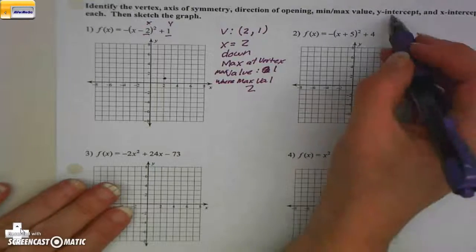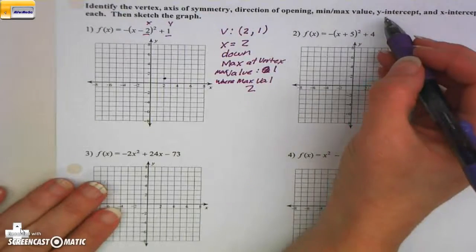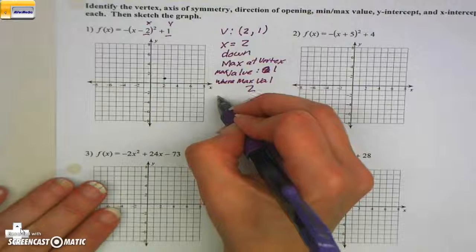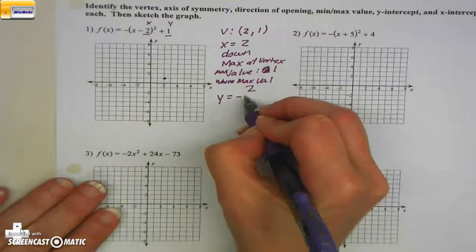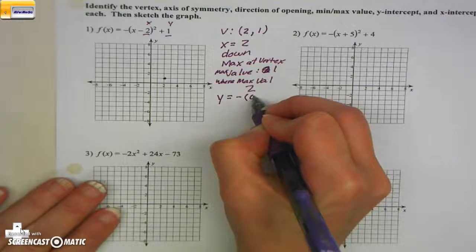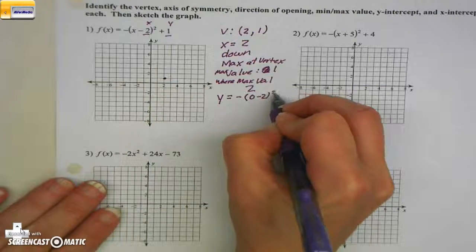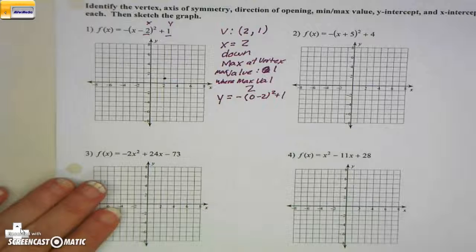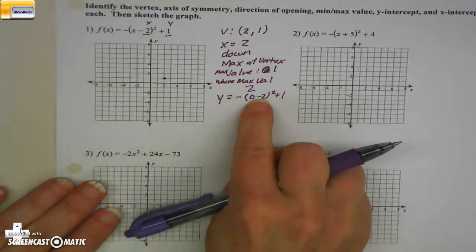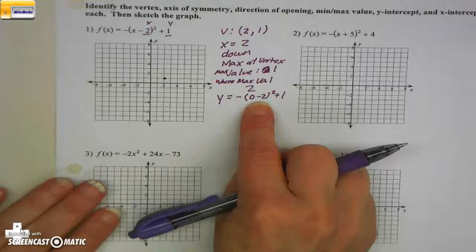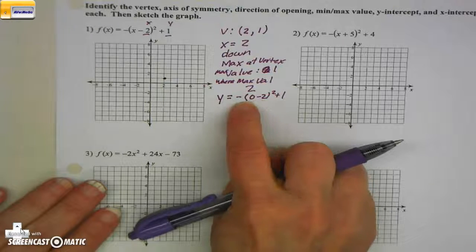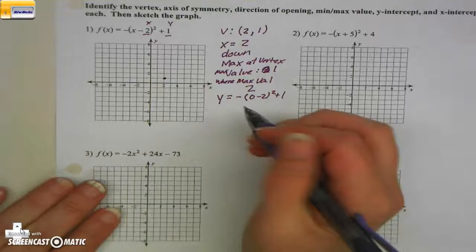Y-intercept. All right. Y-intercept, we let x be 0. So we have y is equal to negative 0 minus 2 squared plus 1. The inside of this becomes negative 2, but then when you square it, it becomes 4, but then I stick a negative back out in front of it.